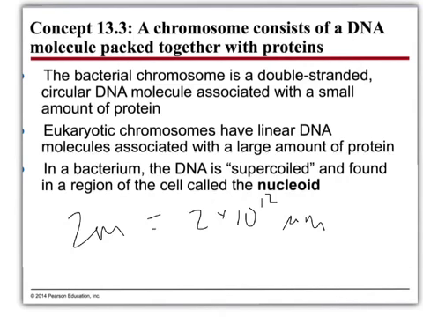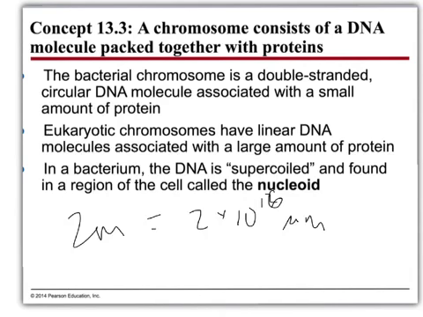No, that's not right. Something like that. Anyways, it's a big difference. Right? 2 meters, 10 microns. Okay? So you have to fit that 6 feet of DNA into that little microscopic nucleus.